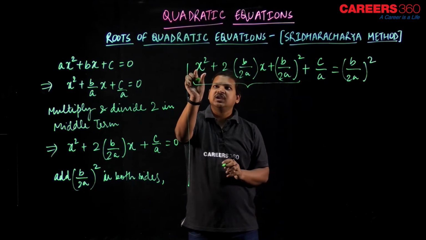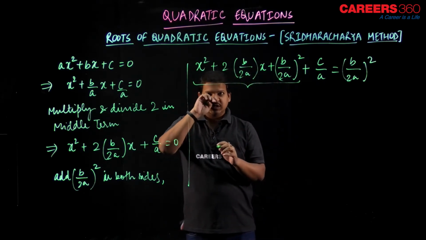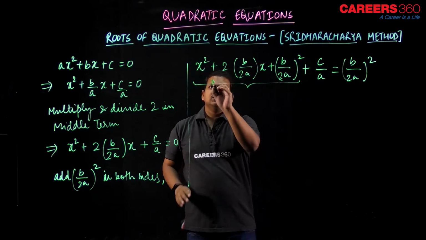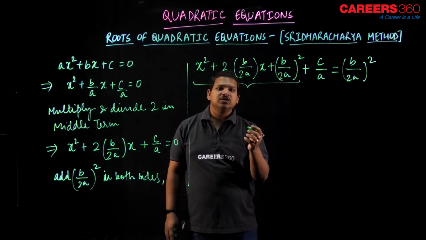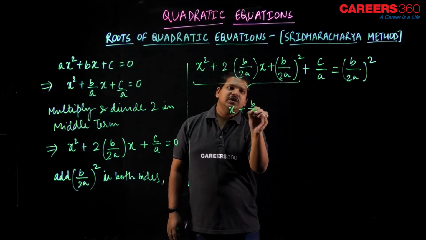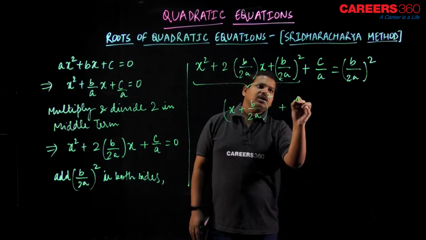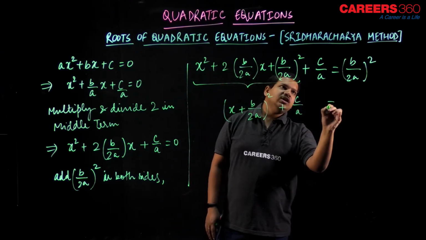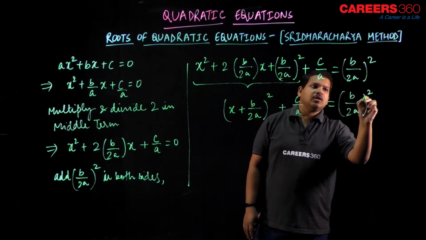This is a square plus 2ab plus b square, right? If you can recognize this thing, this is p square plus 2pq plus q square. So this is p plus q whole square. So x plus b upon 2a whole square plus c upon a will be equal to b upon 2a whole square.